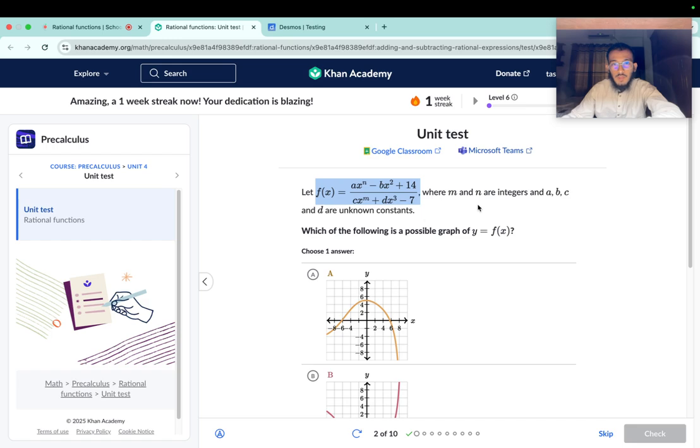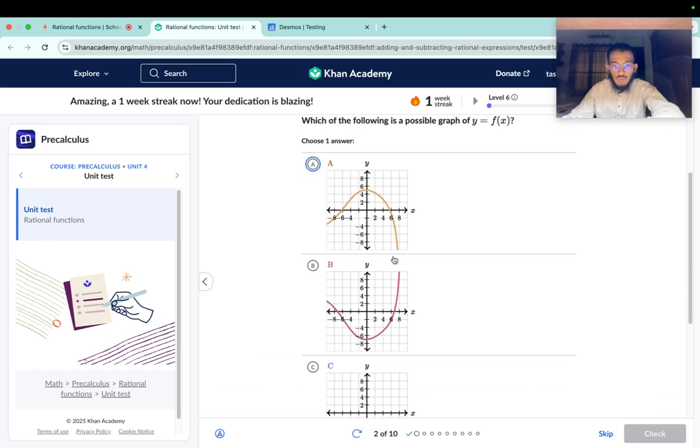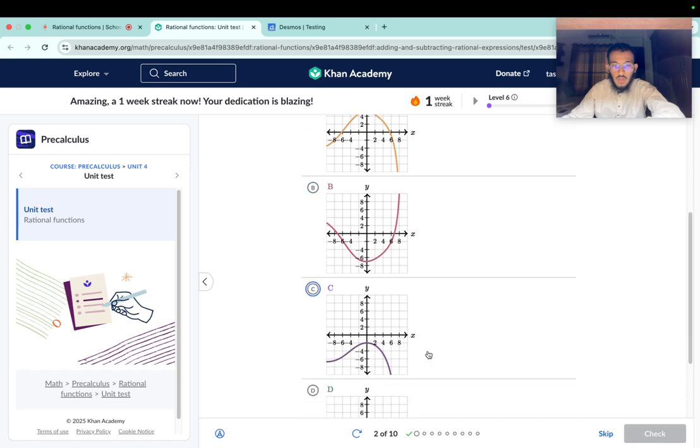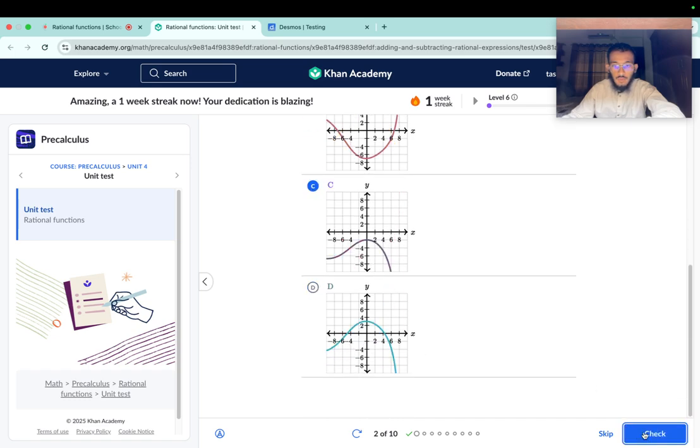Well, we know that 14 divided by 7 is negative 2. So I should have an intercept at negative 2. So this is the answer.